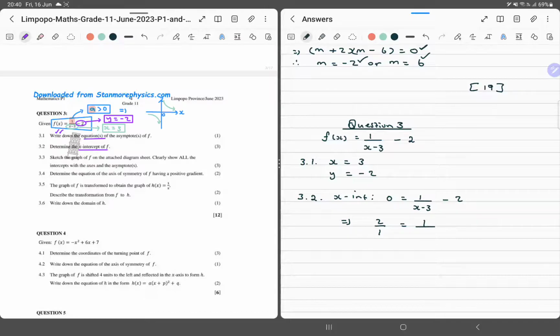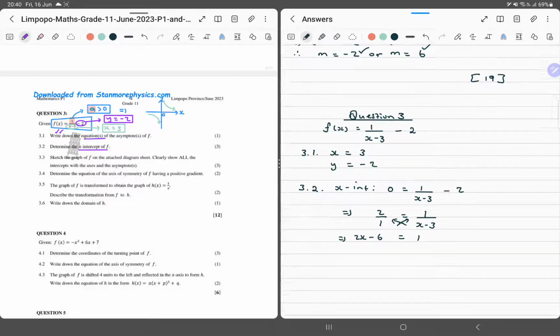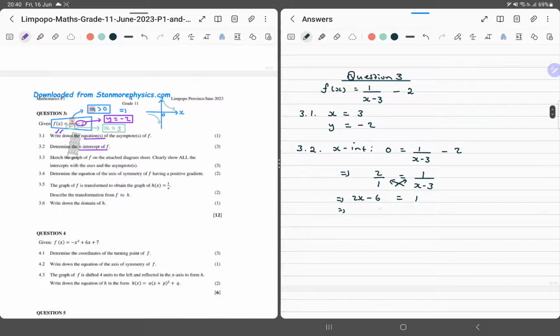So 2 is equal to 1 over x minus 3. We do cross multiplication here. What do we get? We get 2x minus 6 is equal to 1, which implies that 2x is equal to 7. Therefore, x is equal to 7 over 2.